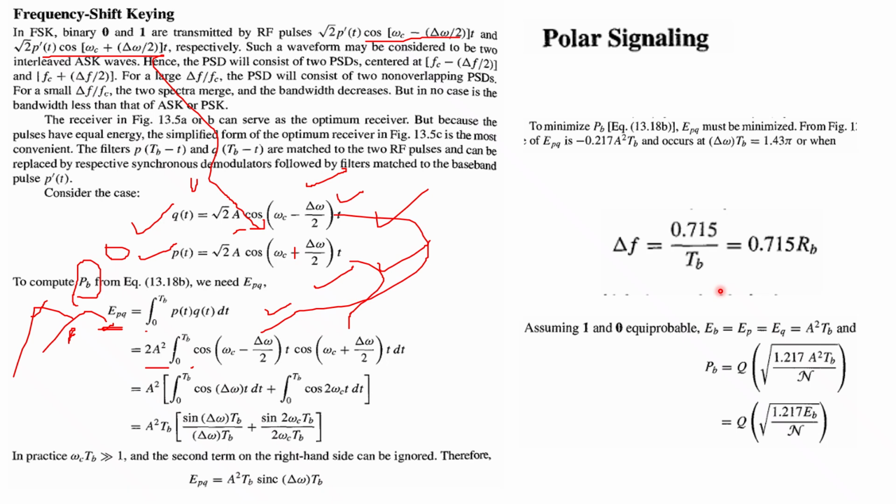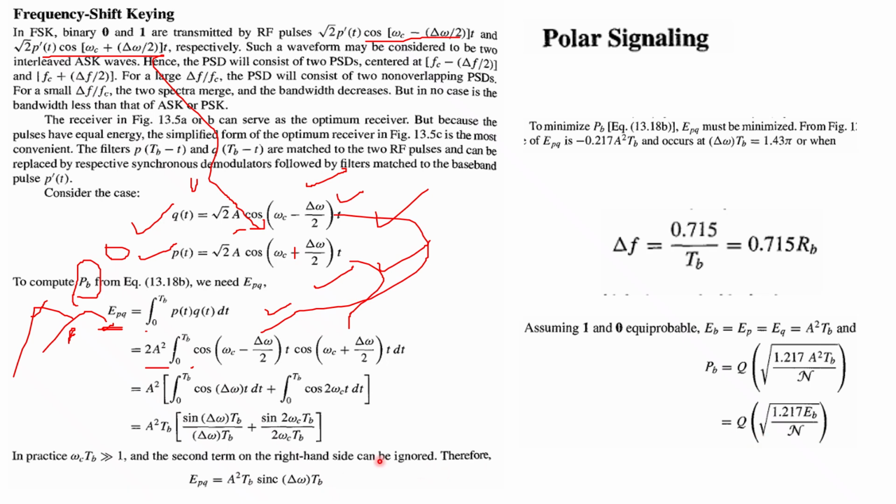After getting these values, to find the probability of error we use the Q function. The Q function is 1 by square root of 2 pi times the integral of exponential of minus u squared by 2 du, right? You should remember that thing. As a shortcut we write Pb is equal to Q of square root of SNR max. Here we already got these values, 1.217 A squared Tb, and then the noise.